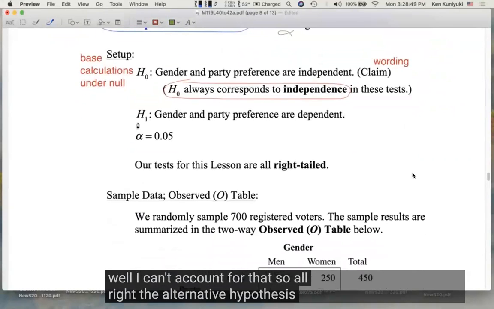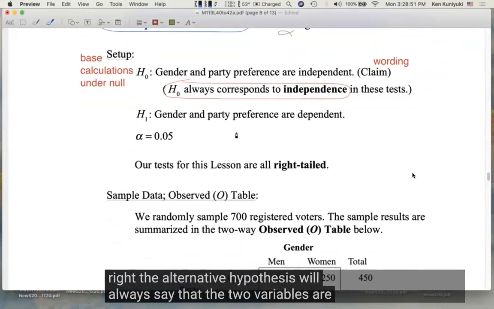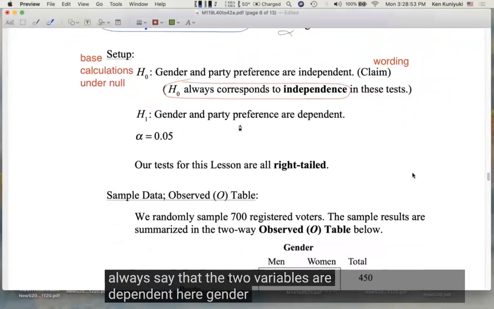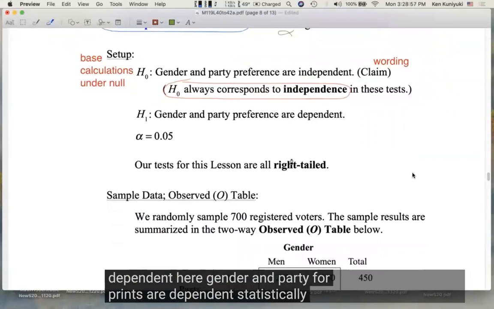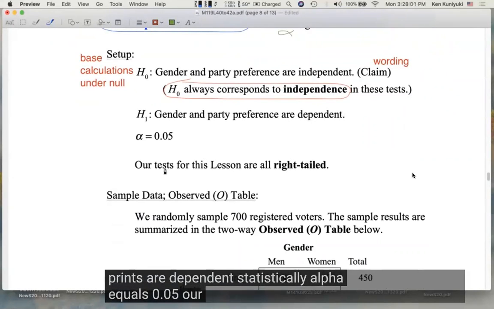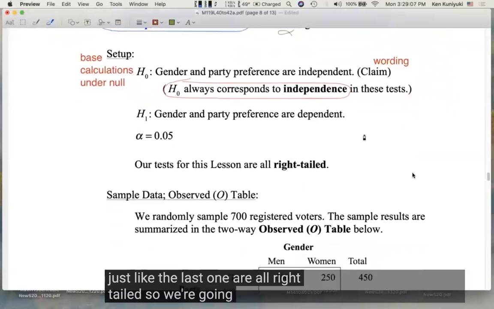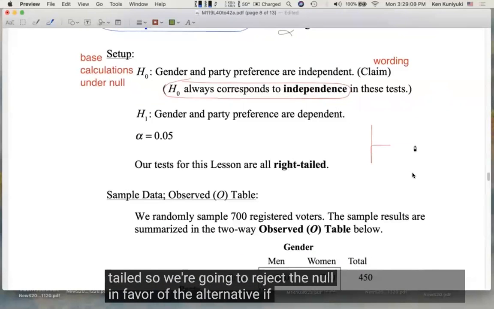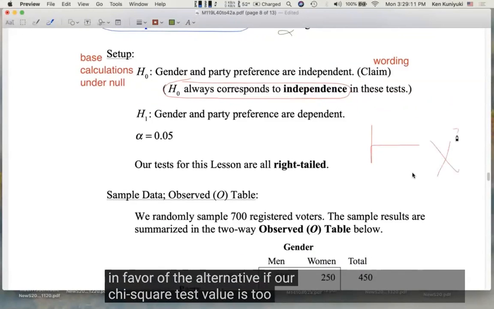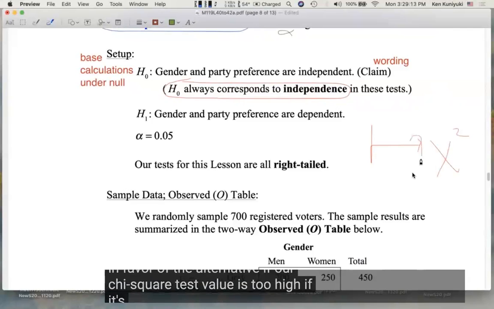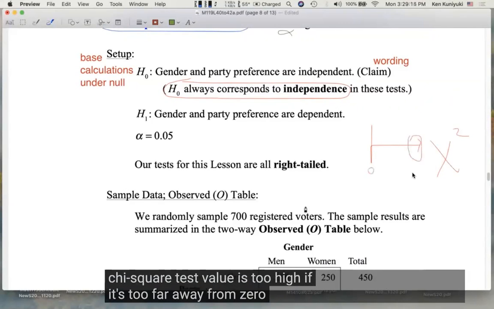The alternative hypothesis will always say that the 2 variables are dependent. Here, gender and party preference are dependent. Statistically, alpha equals 0.05. Our tests for this lesson, just like the last one, are all right-tailed. So we're going to reject the null in favor of the alternative if our chi-square test value is too high, if it's too far away from 0.